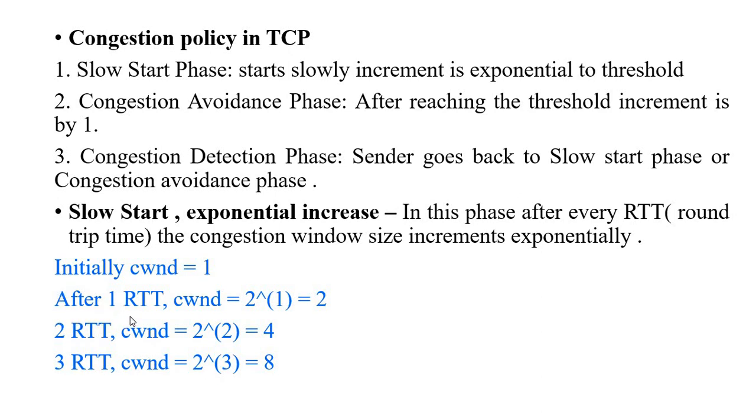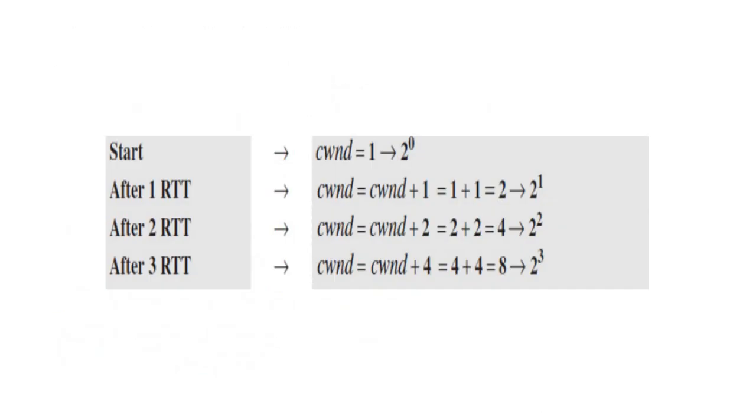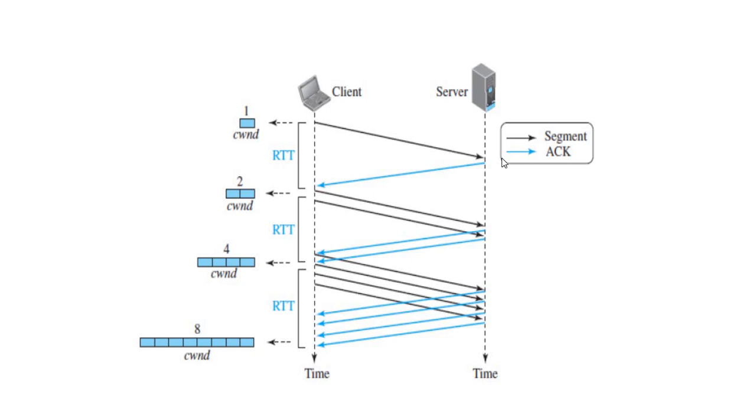After every round trip time, the congestion window is increased exponentially. At first it is 1, then 2, then 4, so that we can increase the data flow, that is, the data packets.